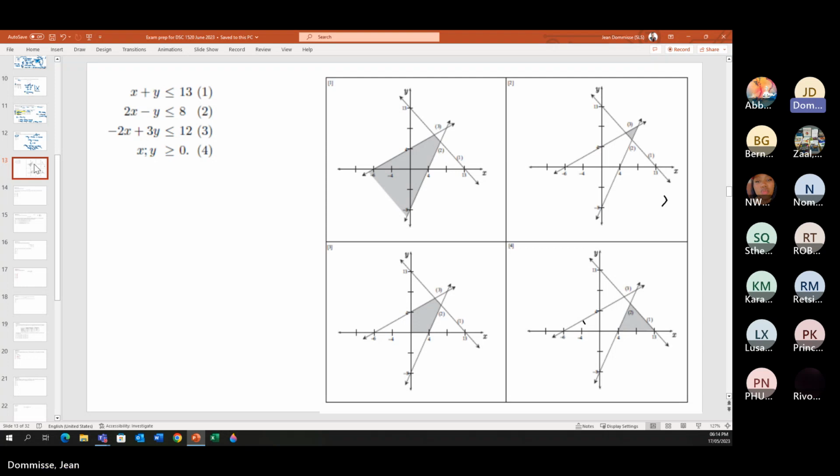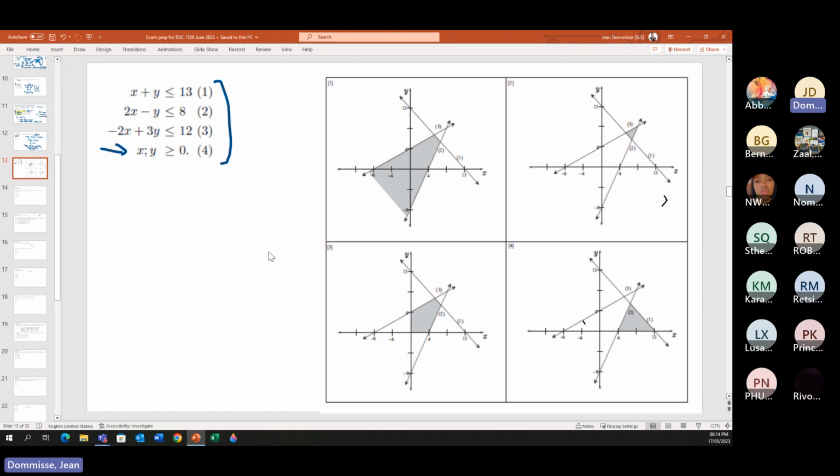Once again, they tell us 4 things about these graphs. Let's firstly use x bigger than 0, y bigger than 0.